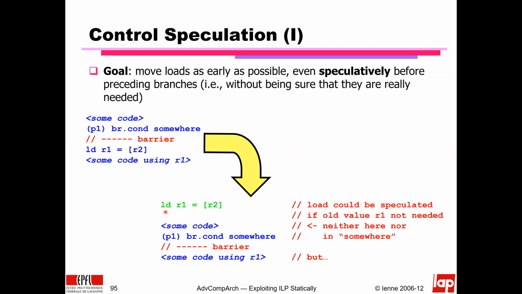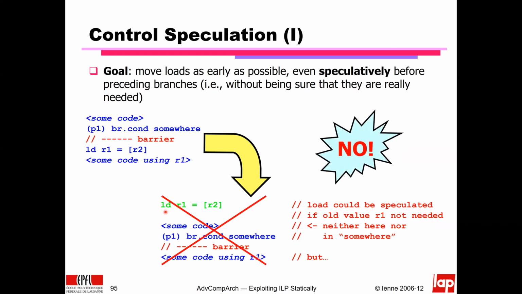Now, if I execute the load anyway and it creates an exception, this exception should not have existed, but now it exists, and so it's a problem, right? Because my program will stop because there is an access outside of the bounds that are allowed for me to access, but I never wrote that load. It's the stupid compiler that brought it before the branch. So this is not possible. It's out of the question that I do it.